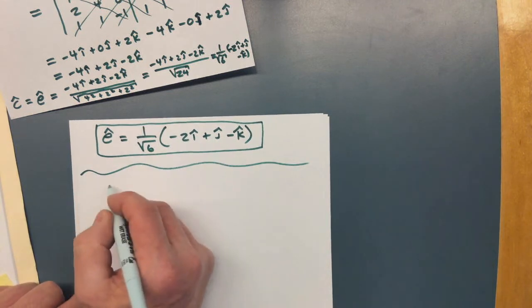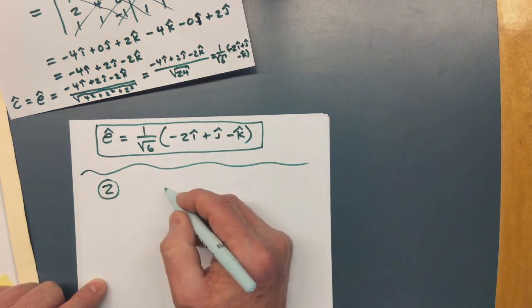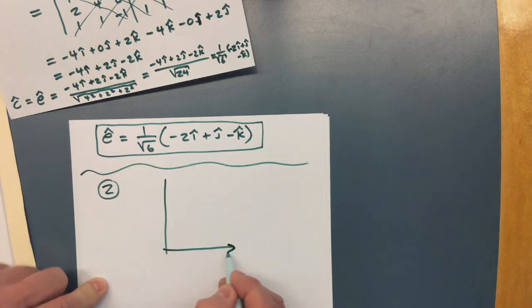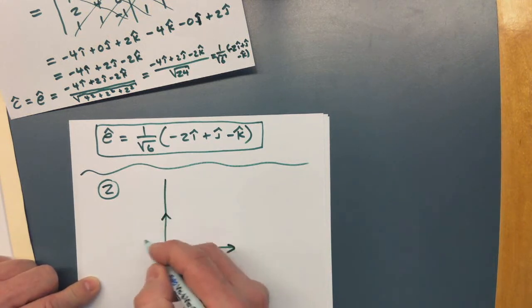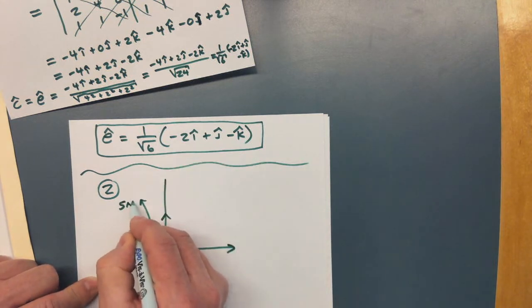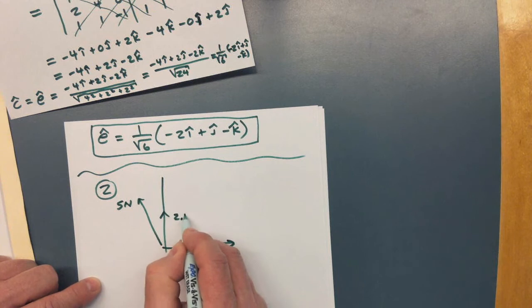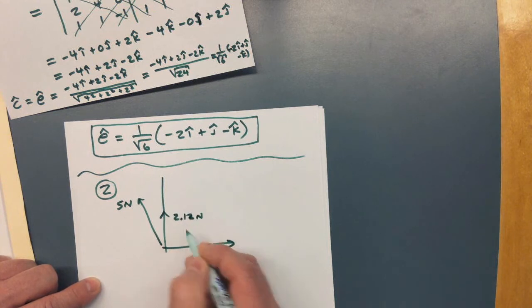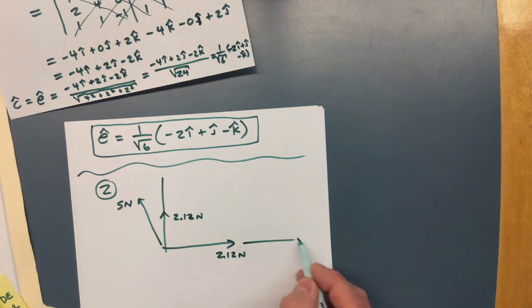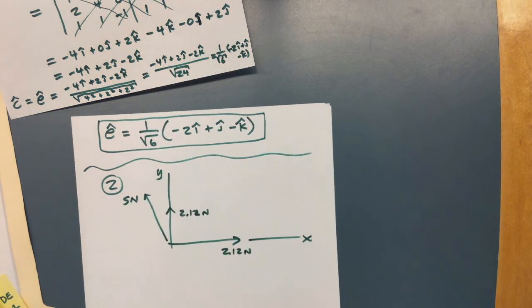So this would be number 2 for the vector analysis, and it's one that has 3 forces of magnitude 5 newtons, 2.12 newtons, and 2.12 newtons this way. This is an X and a Y axis.